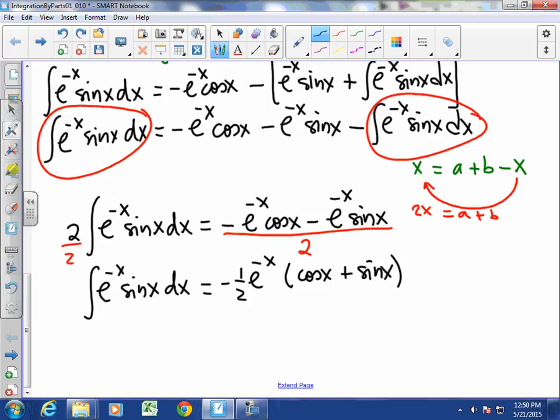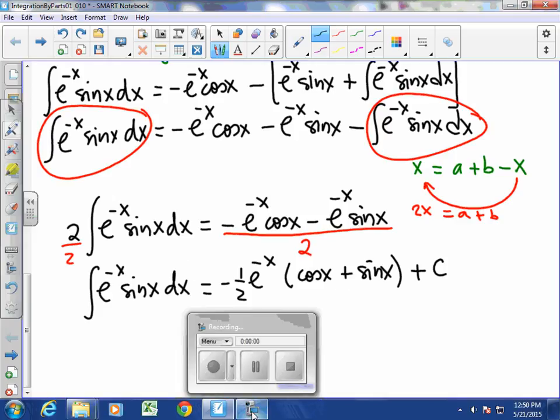Oh, we forgot, let's say plus constant. Don't forget that. And this completes the proof. You can use the trigonometric rule to simplify cosine x plus sine x.